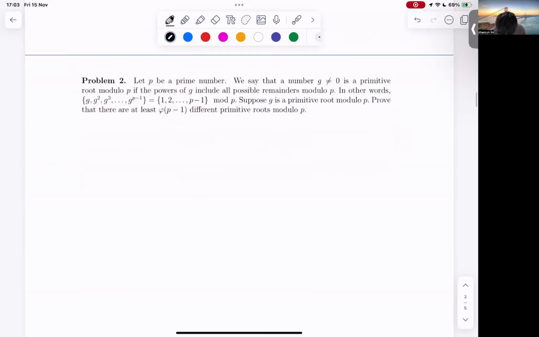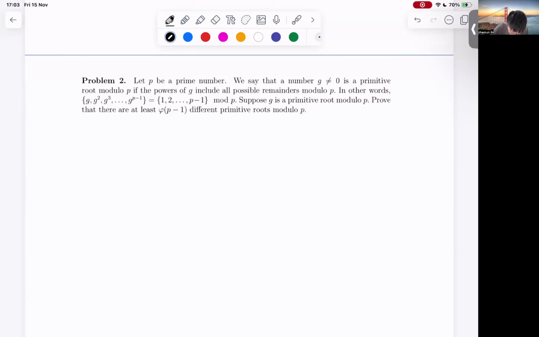And for the second question, P is a prime number, and we say that the number G is a primitive root modulo P if all of its powers exhaust all of the elements in 1 to P minus 1.